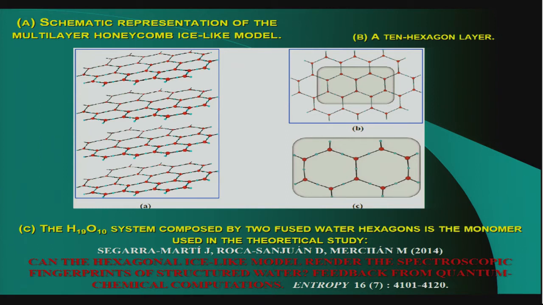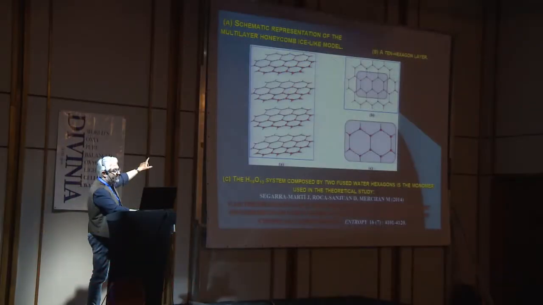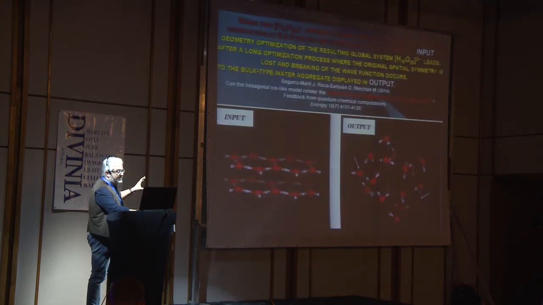Feedback from quantum chemical computation." They considered the multi-layer honeycomb ice-like model. And they said, okay, let's consider a 10 hexagon layer. And then what happens? They were performing an ab initio calculation.